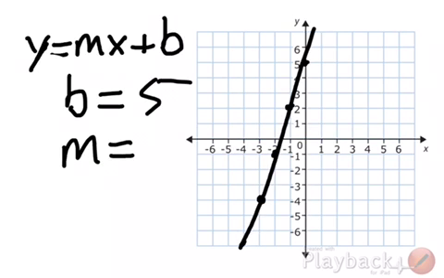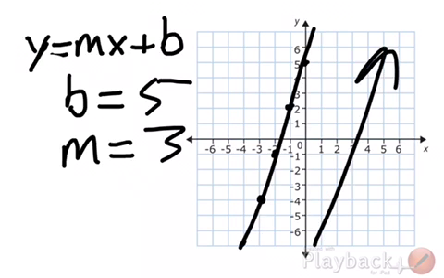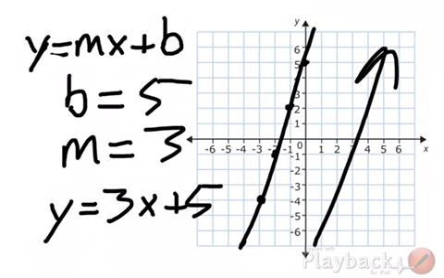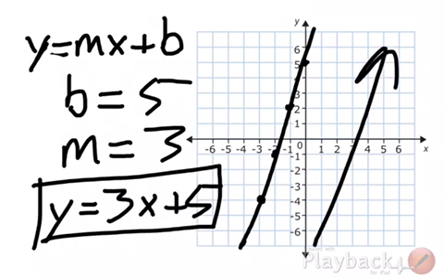Slope is a positive 3. This line is going up from left to right, so that should be a positive value. And now put your equation together. So put your B and your M into your equation, and you'll have your final product. So y equals mx plus b. That is the equation that represents this line.